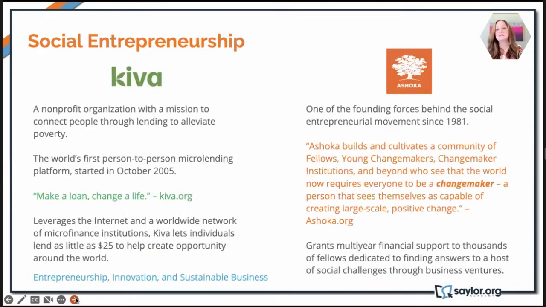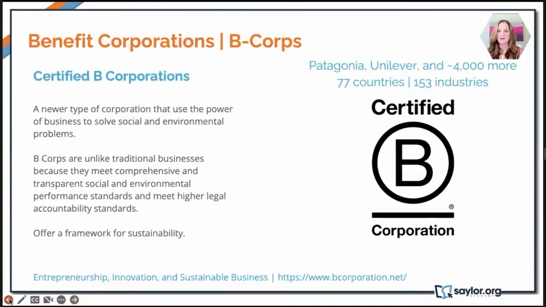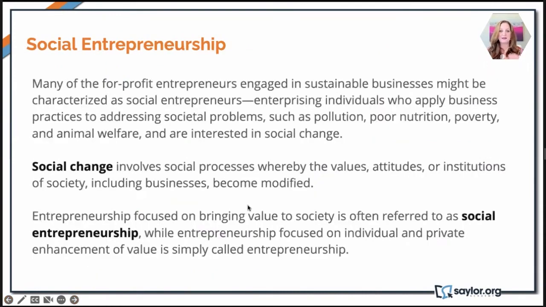All right, here's an example. Kiva, let me see something. Okay, yeah, well, I do want to say here, while we're on this slide, we used to think nonprofits weren't entrepreneurial, and that's not true. You can be a social entrepreneurship organization, and your legal entity can be just about anything.